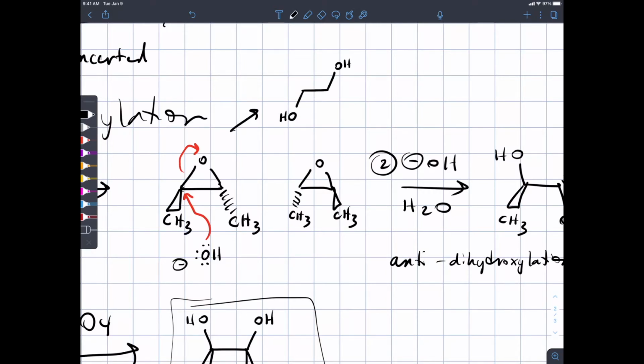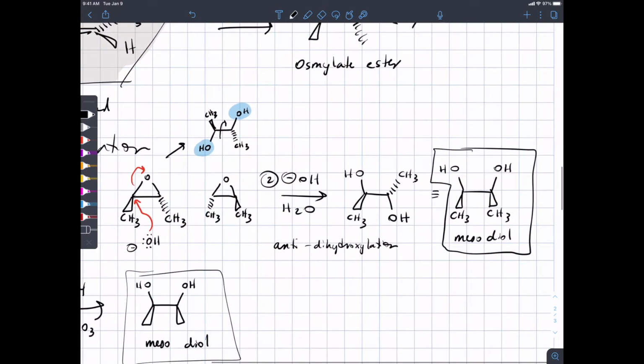I'm not showing you the proton transfer step where we protonate the negatively charged oxygen, so I'm just abbreviating that. This is an SN2 type reaction, so oxygen comes in from behind the carbon-oxygen bond. That's why these two oxygens are anti to each other. And if you rotate around this carbon-carbon bond, you end up getting that.